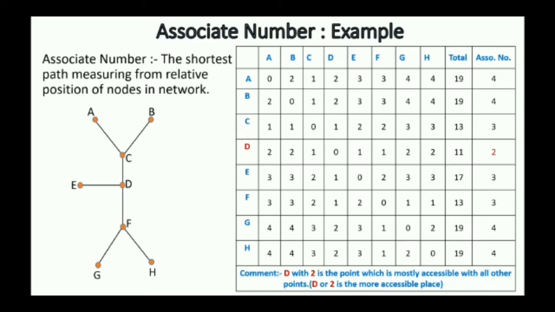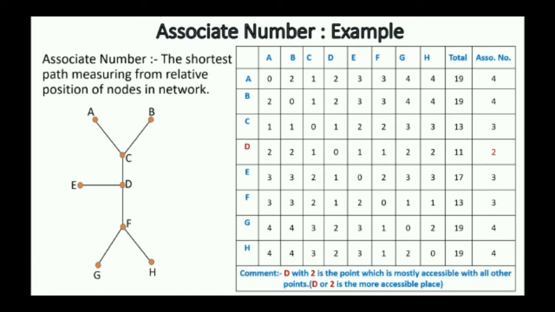The largest number of D is 2. So the associate number is 2. The largest number of E is 3 and therefore the associate number is also 3. The largest number of F is 3, so the associate number is 3.